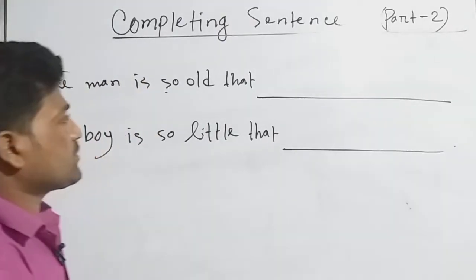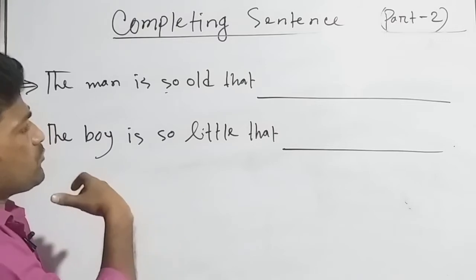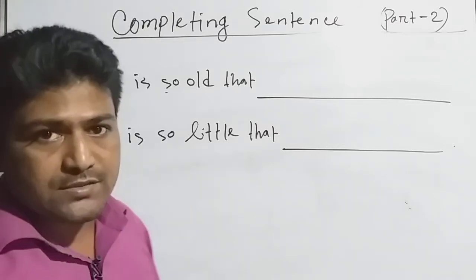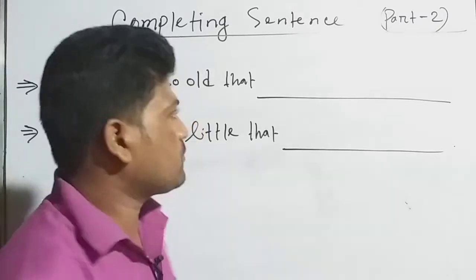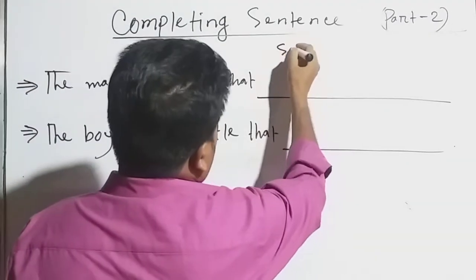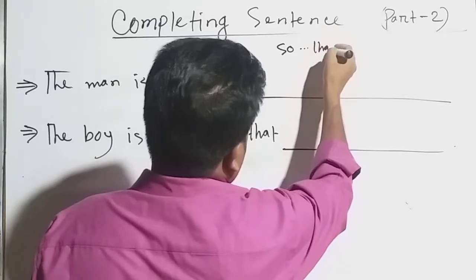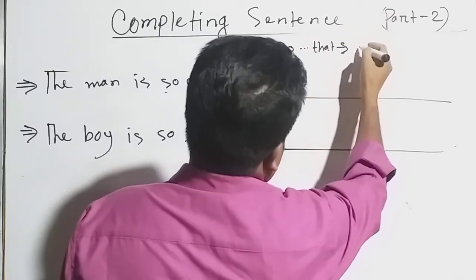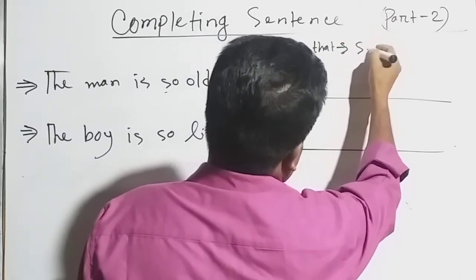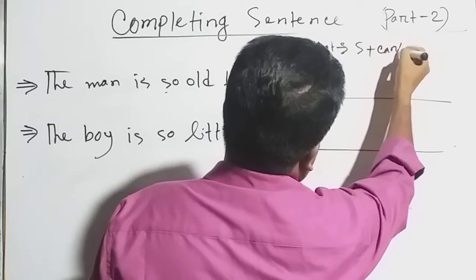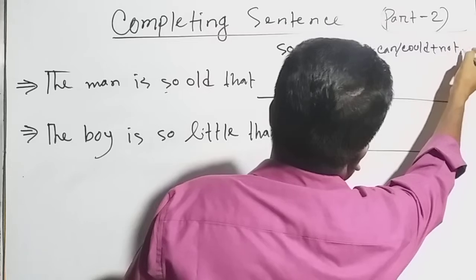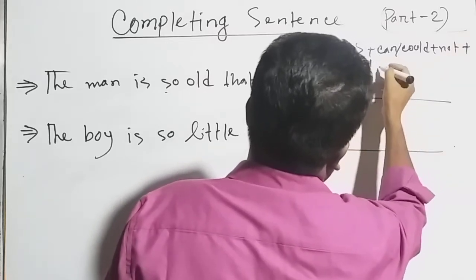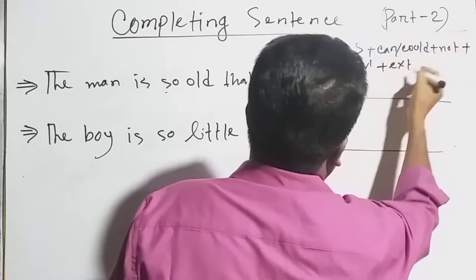Okay, dear learners and viewers, if you want to complete this type of incomplete sentence, you also have to follow a structure. What is that? First we have to use subject plus can or could plus not plus verb number 1 plus extension.